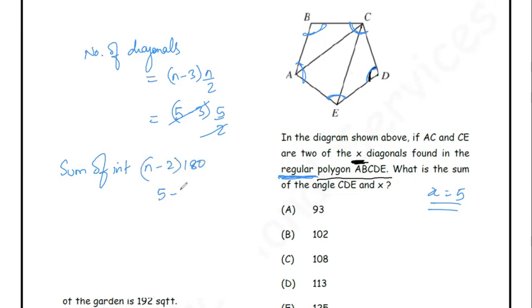So that is 5 minus 2 into 180, that is 3 times 180, 540 degrees. Divide that by 5. So 108 degrees is the angle CDE. So 108 plus 5 is 113. So D is my answer.